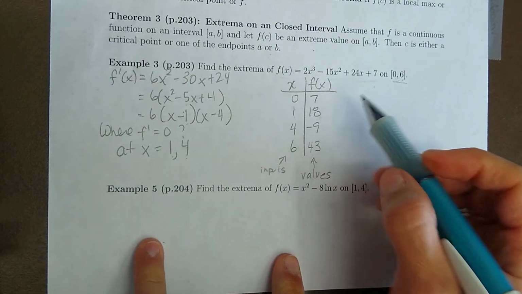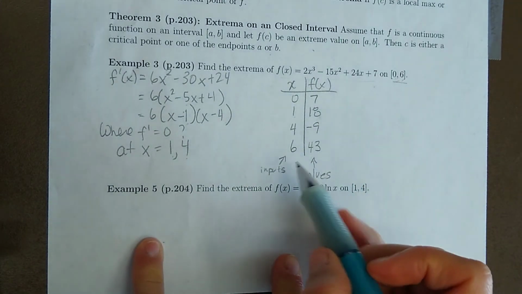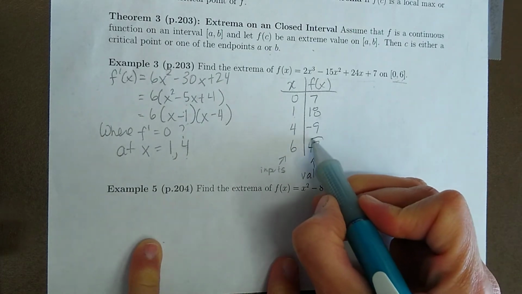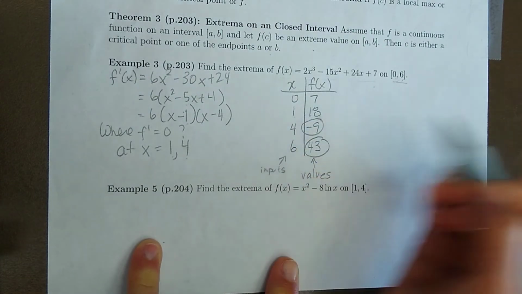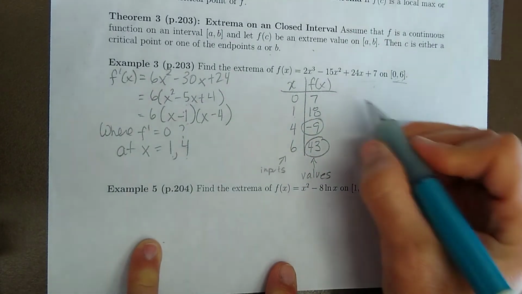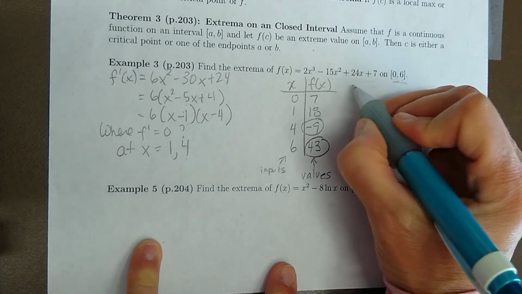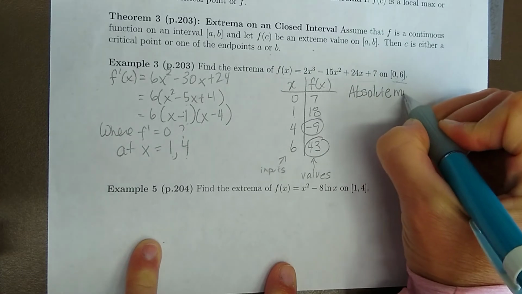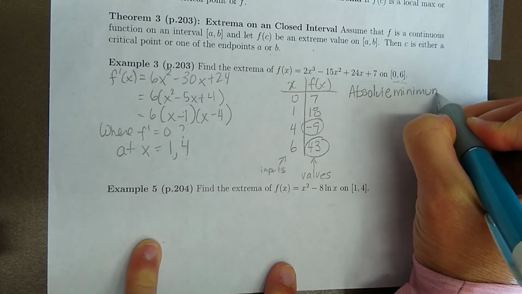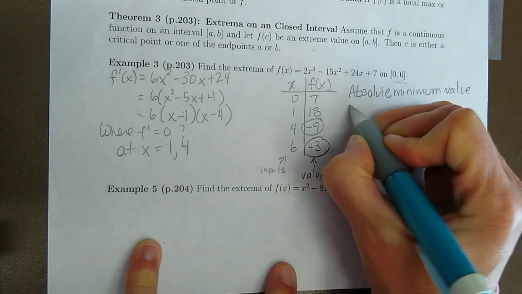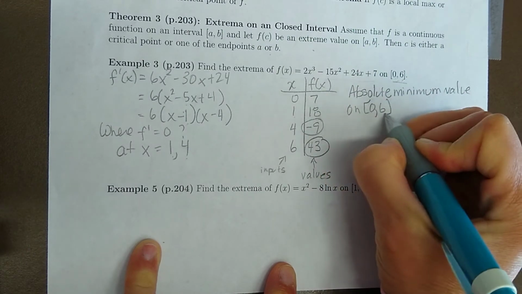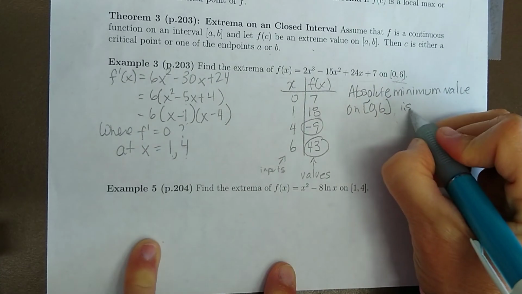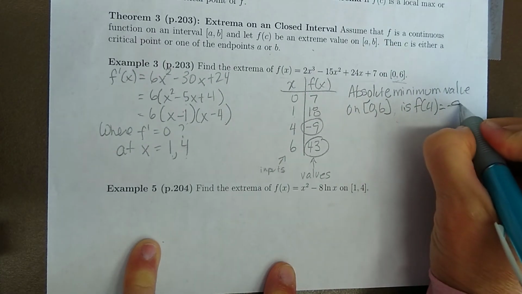And so now what you're looking for, you don't have to even have the graph of this function. You're just looking for the output that is highest, that's this guy, and the output that is lowest, that's the negative 9. So the absolute minimum value on the closed interval 0 to 6 is negative 9.